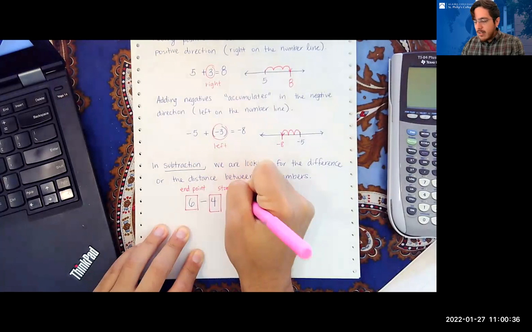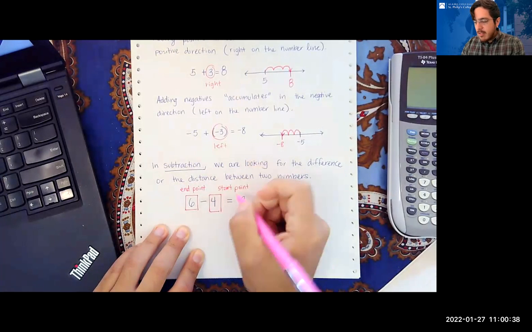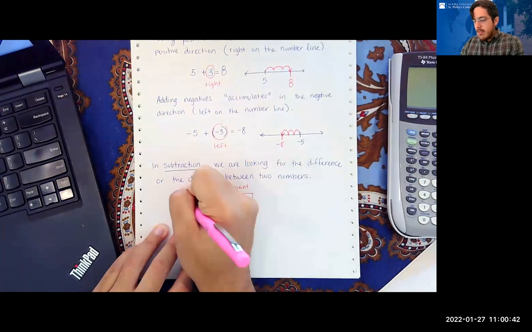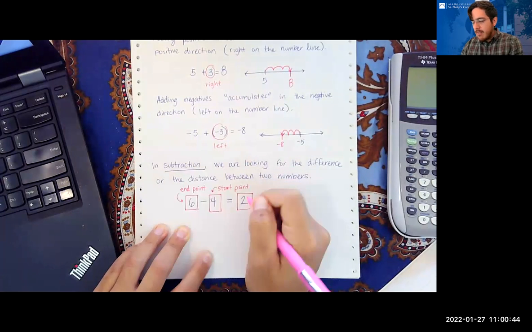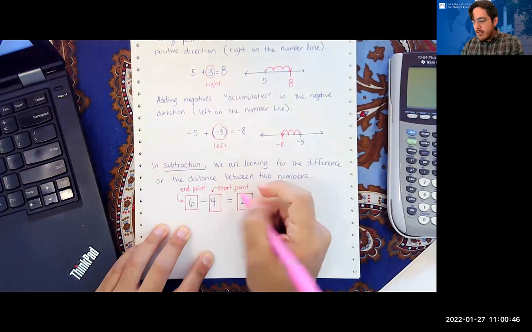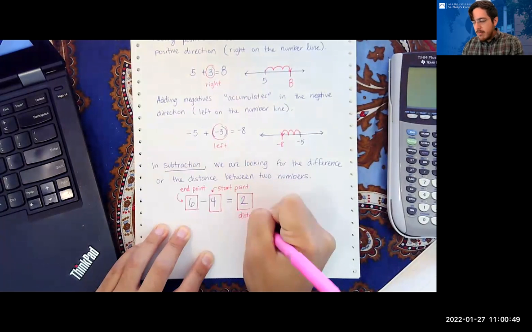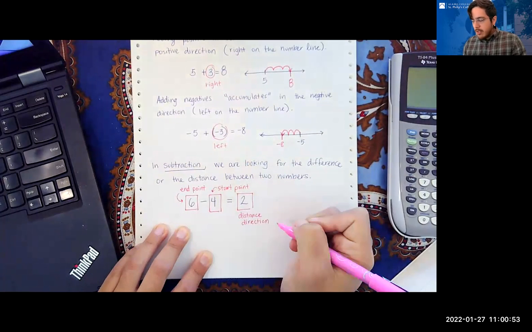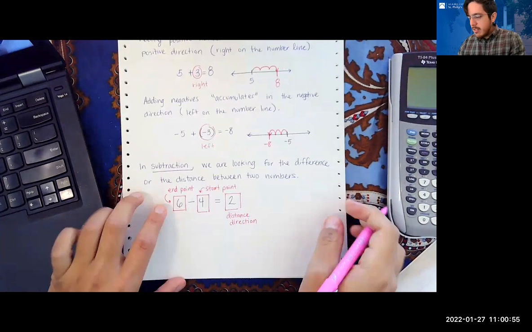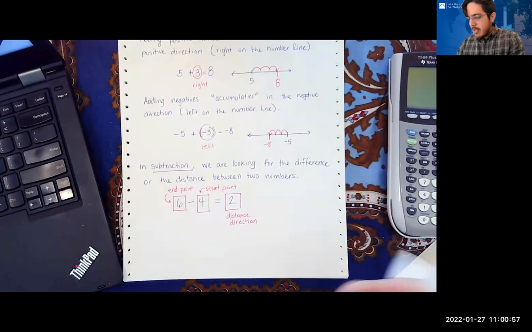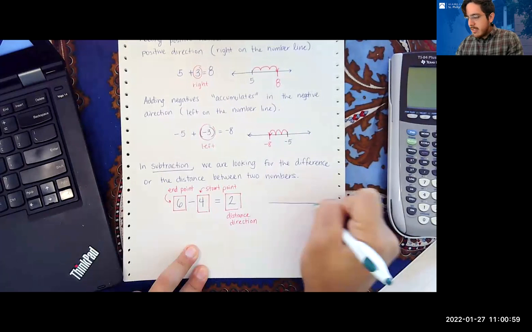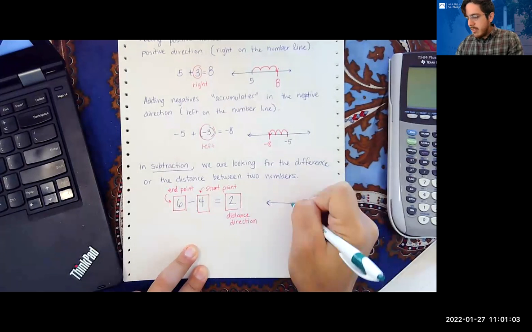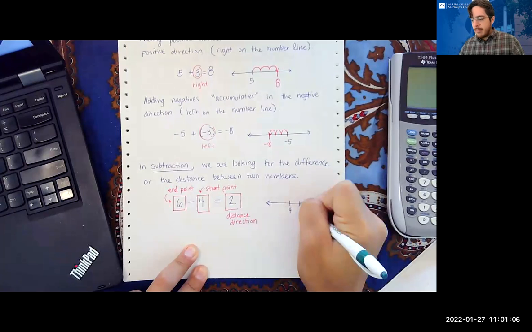And our answer tells us not only the distance, but also the direction that we traveled. Okay. So if I were to draw a number line to represent this problem, I would write 4 here. This would be 5. This would be 6. Okay.